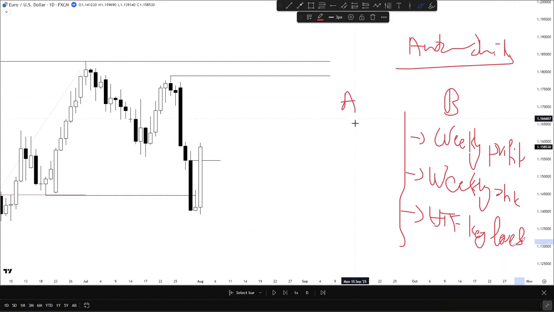Whereas on the other side, we've got trader B, who might know about these things, but doesn't actively use them, and hasn't yet built the anticipation skills required to know whether we could have an expansion for the day or not.